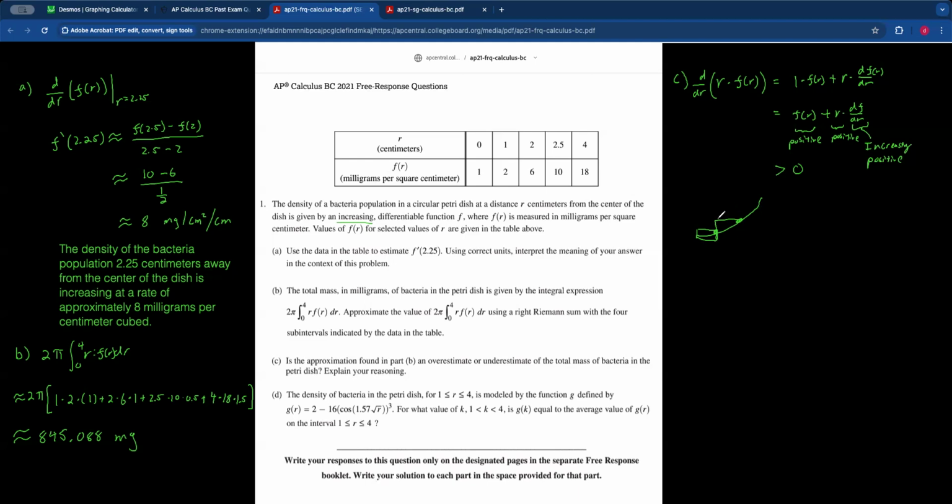So over here, we'll write this: right Riemann or right rectangular approximation method on an increasing function will lead to an overestimate.